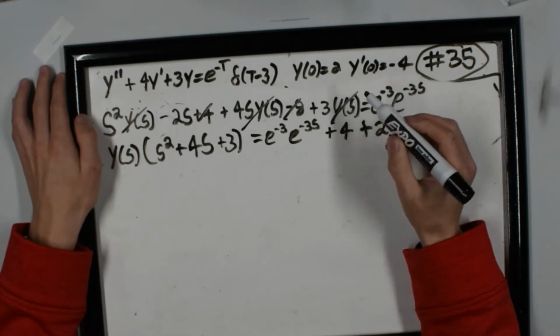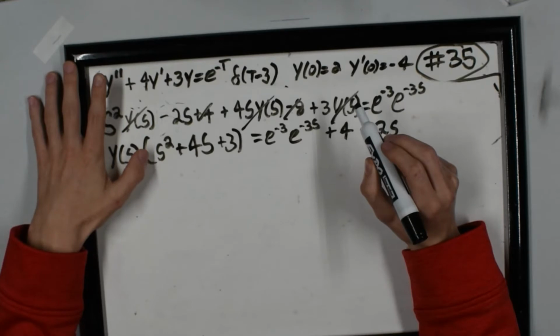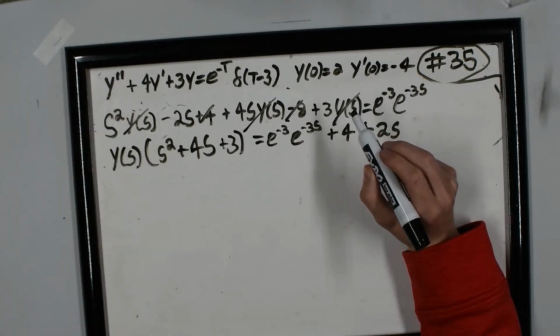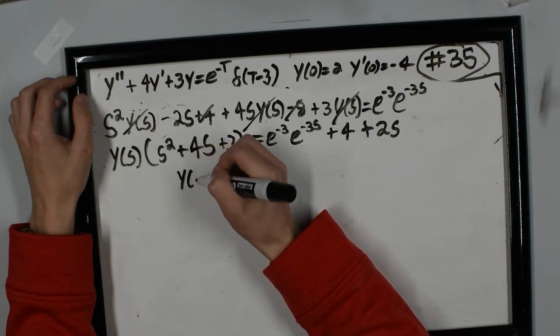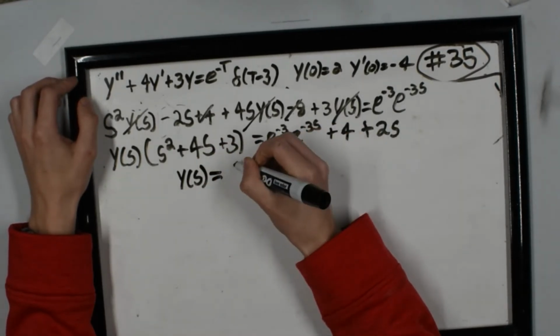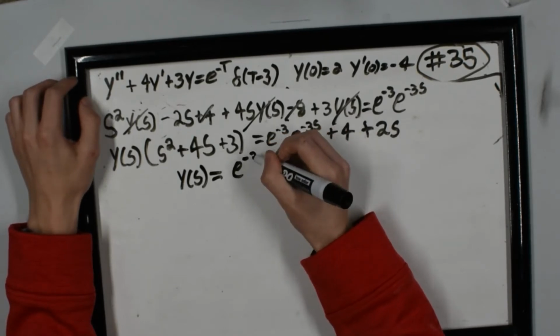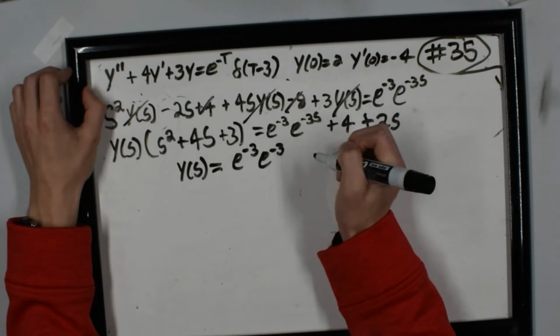Alright, now what you've got to do is divide this. This actually factors. We're going to have s plus 3, s plus 1. And that's going to leave us with Y(s) is equal to e to the negative 3, e to the negative 3s.